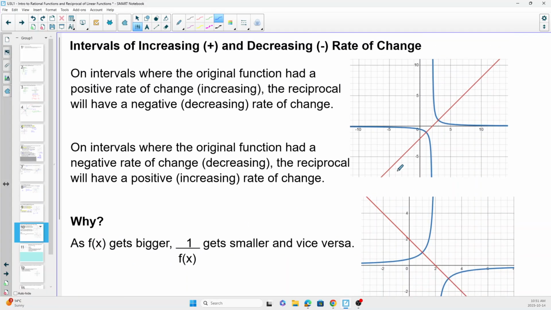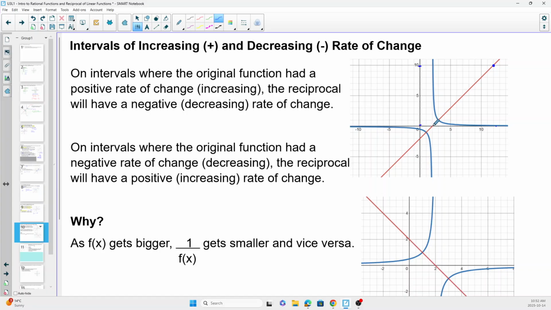If we were looking at this original graph, as we are looking at large positive values, like here when f at x is 10, if we do the reciprocal of that, we're looking at 1 over 10, which is 1/10, which is so tiny. So basically, they're all flipping places. But also, as the original function values get really small, so if down here we're looking at like 0.25, let's just say, because I know you guys love decimals.